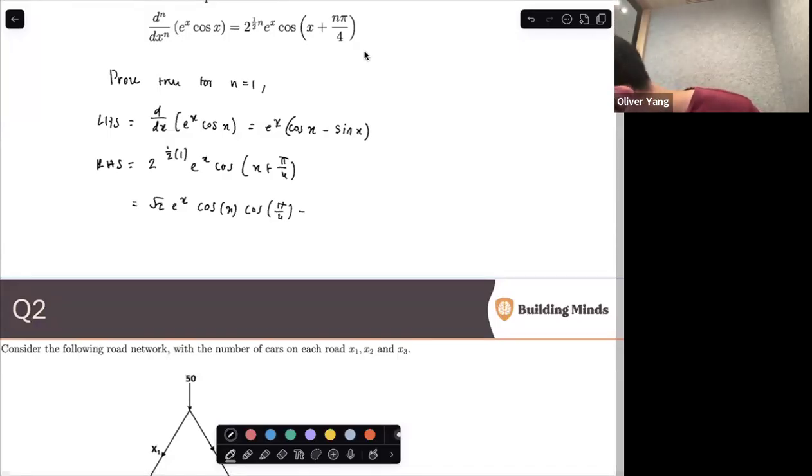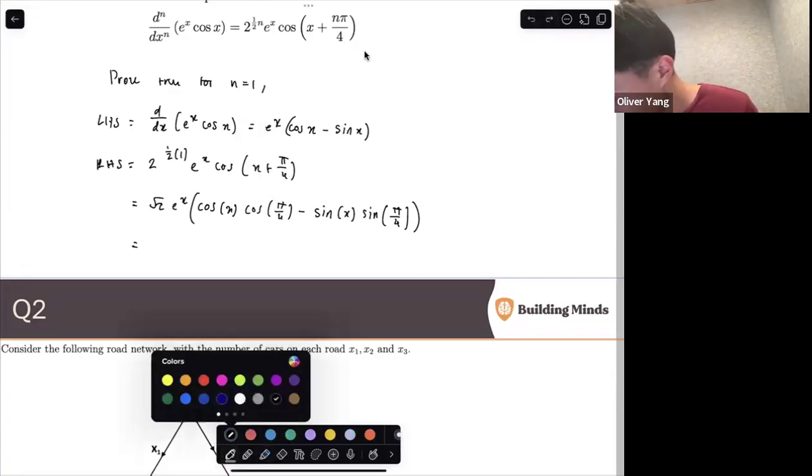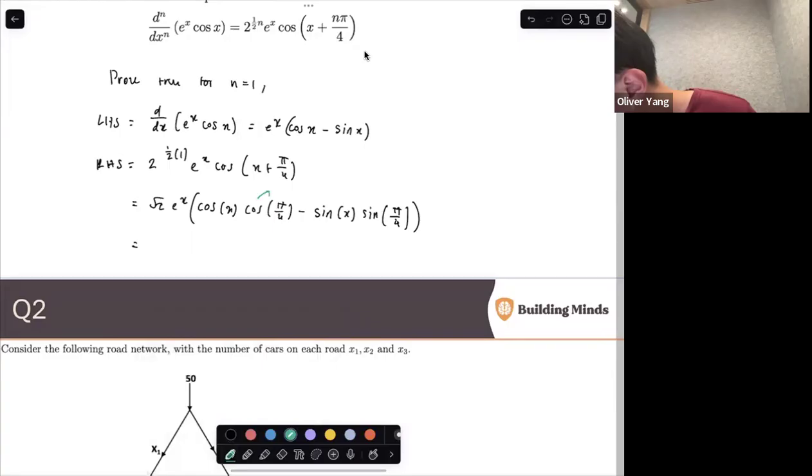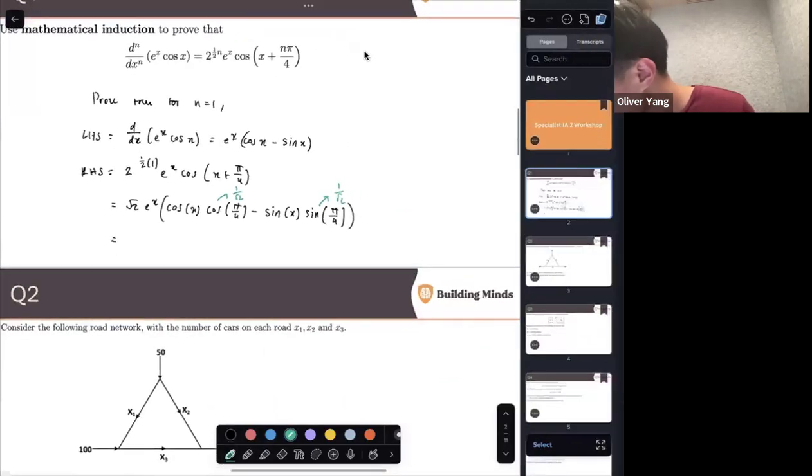minus, let's put the brackets there, sin x sin(π/4). Okay, and we know that cos(π/4) becomes 1 over root 2. Same with here, this becomes 1 over root 2.